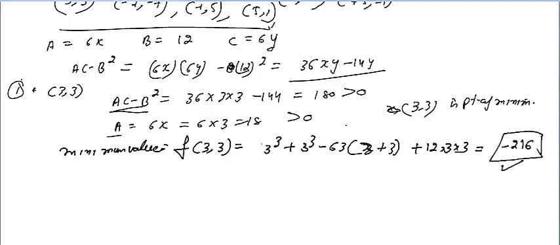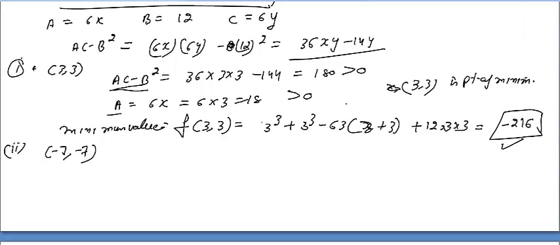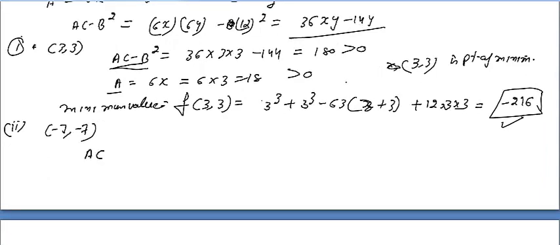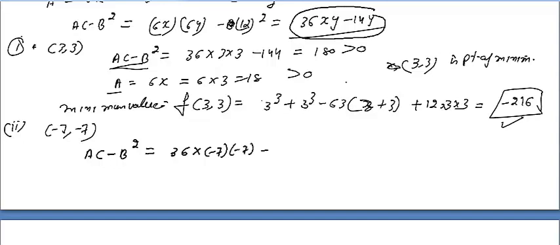Now you will take the second point. Second point is minus 7 and minus 7. So you will find the value of AC minus b square. So this is 36, x is minus 7, y is minus 7, minus b square, b is equal to 12, it is always the same, square. So when you solve this one, you will get 1620, it is greater than 0.